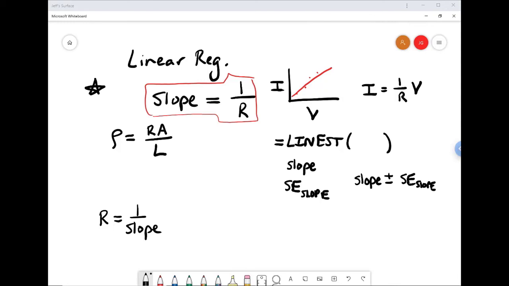And the rule for error propagation that we're using in this class is that when you do division, the error in the result of that division is the same as the sum of the fractional uncertainties of the numerator and the denominator. And here this is really easy because the numerator is a constant. It doesn't have any uncertainty. You're going to treat it as a constant. So what I'm saying here is the uncertainty of our resistance in fractional terms, sigma R over R, is going to be equal to the uncertainty of our slope in fractional terms.